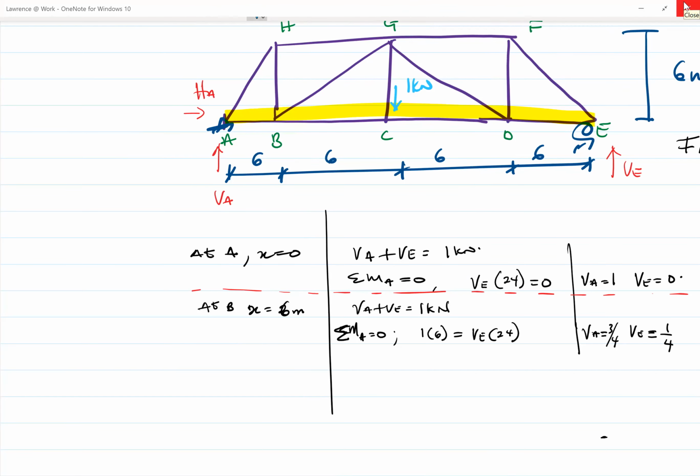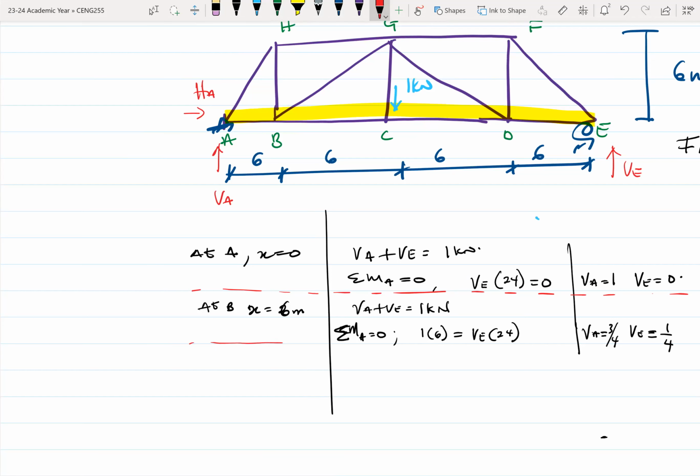So at C, X is equal to 12 meters, all right? So again, your VA plus VE will be equal to 1 kilonewton.